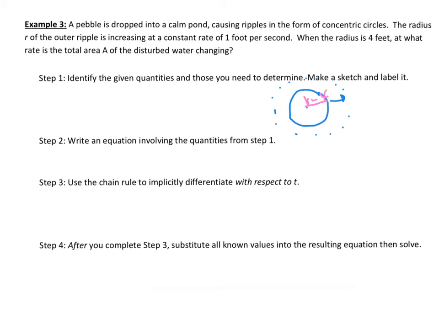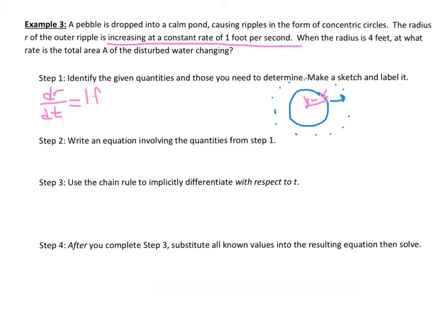So let's go ahead and write out the variables that we know and the ones that we don't right now. First thing they tell us is the radius r is increasing at a constant rate of 1 foot per second. So that rate of change is not going to be r. Don't write r equals 1 for this. Be really careful. That is going to be our dr/dt, the rate of change over time.